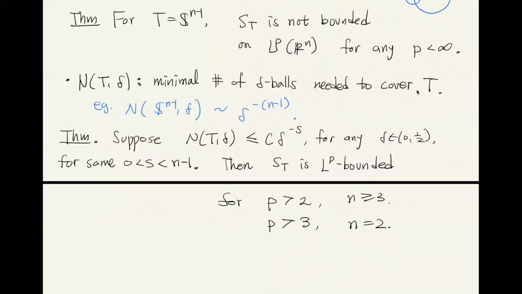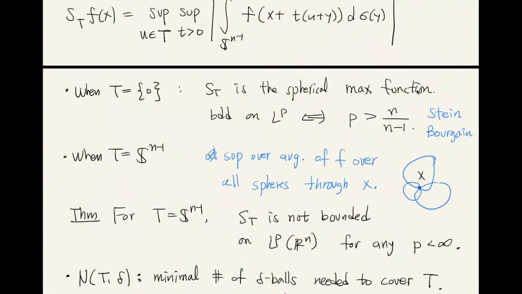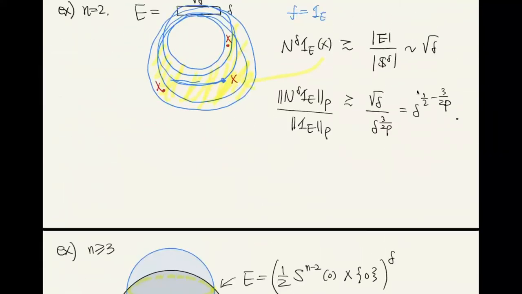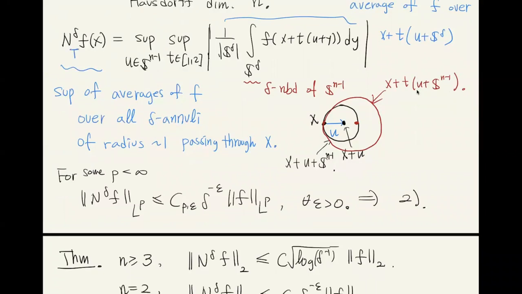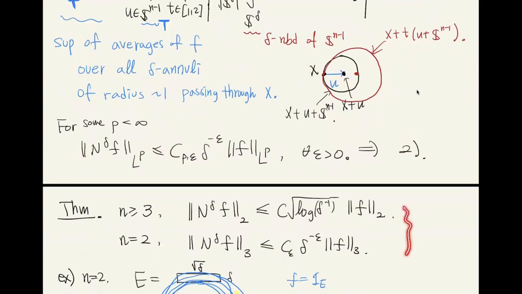To be more precise, n delta is the case when the set T is S^{n-1}, but you can also consider n delta sub T, which is the delta regularized version of S delta T. In that case, we replace this set by T, and then we can prove this estimate for T which has dimension less than or equal to n-1.